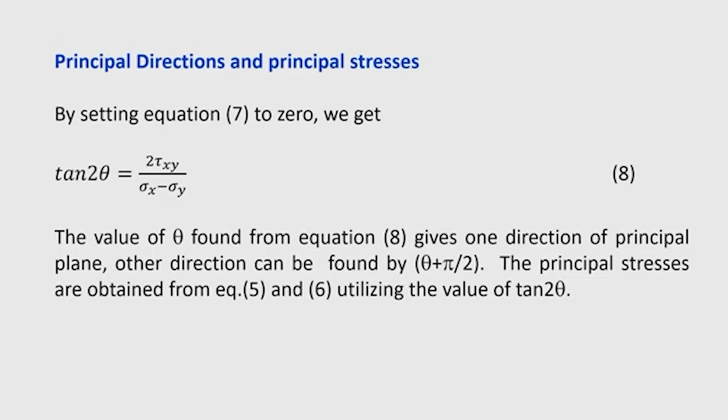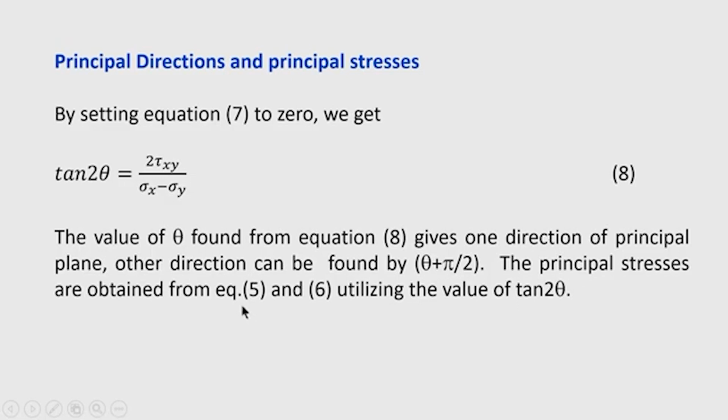That direction is known as the principal direction, and it gives the direction of the principal plane on which only the normal stresses act and there is no shear stress. Once we find the theta, the other direction can be found as theta plus pi by 2.